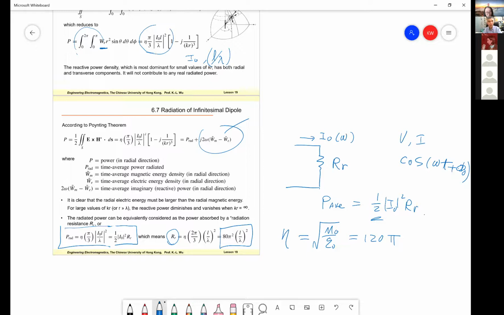For antennas, we are interested in the real energy that can propagate along a far distance, and the attenuation factor is 1 over r for the field, and for power it is 1 over r squared. Okay, we stop here today.